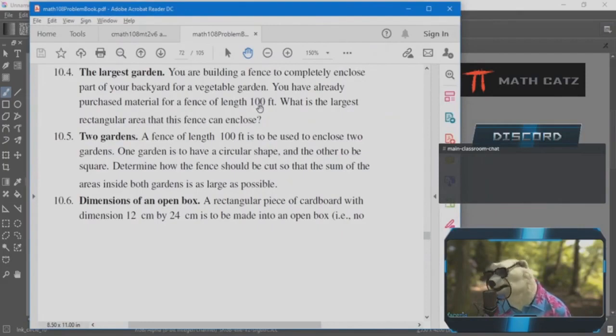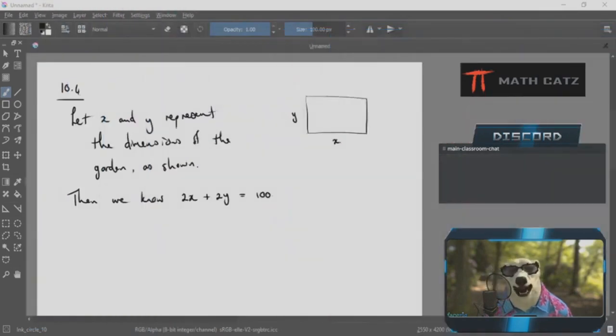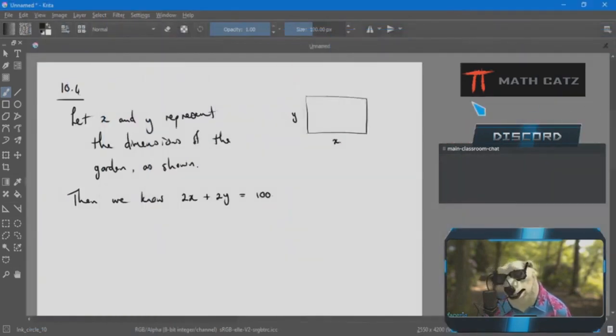Then they want to know, what is the largest rectangular area that I can get? So I am interested in area, so I need to define another variable for the area. Now we're going to use the obvious A, but because it's obvious to me doesn't mean it's obvious to everyone.